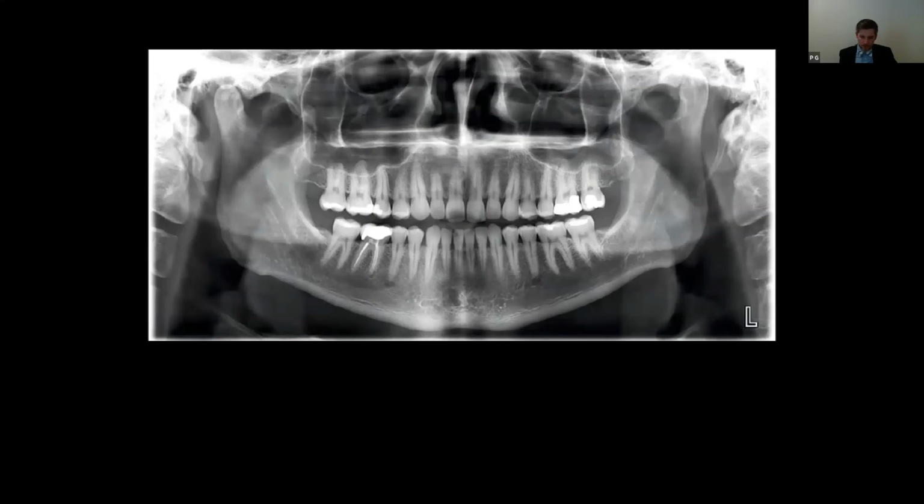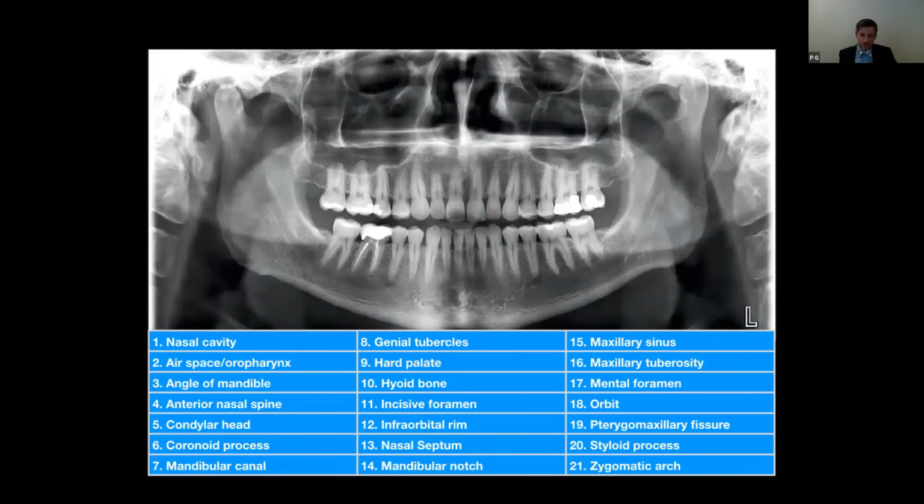And so all of this anatomy, I would argue, is much easier to see on a cone beam CT scan. You'll notice that all of these structures are much easier to evaluate in a cone beam as opposed to a panoramic. Because there's a lot of anatomy there outside the region of interest.